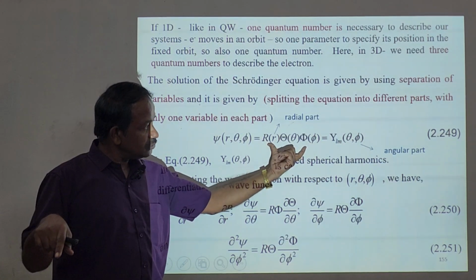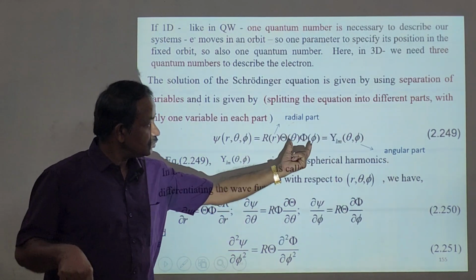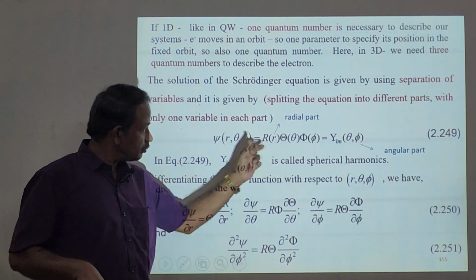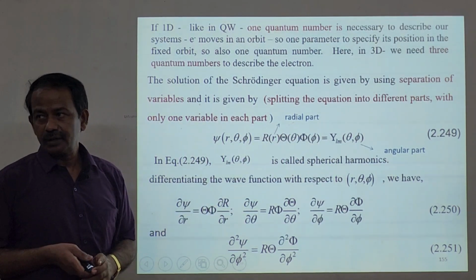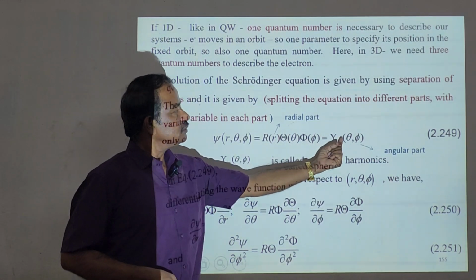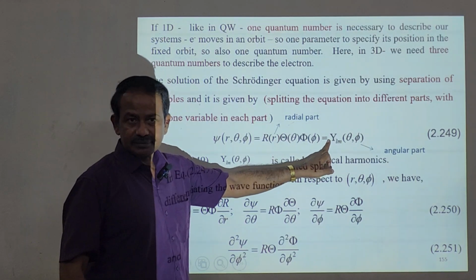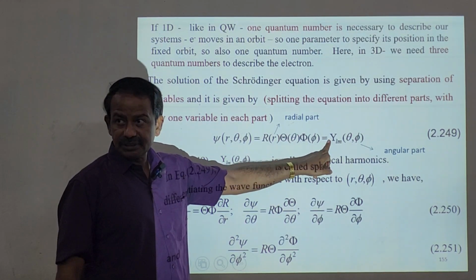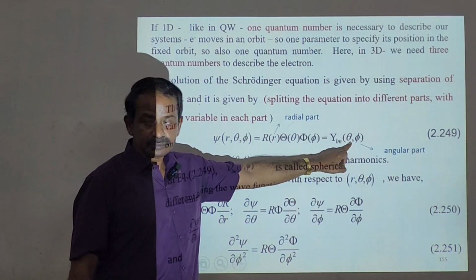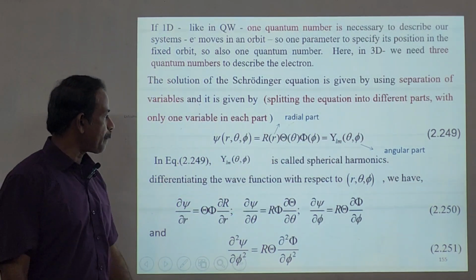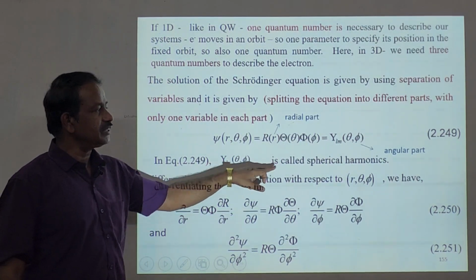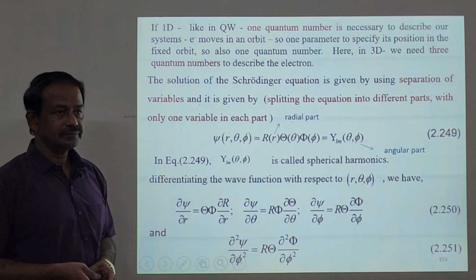The product of these two gives the angular part, called spherical harmonics. The product with the radial part gives the complete wave function. There is a mistake here: it must be R of r times Y_lm of theta comma phi. This Y_lm of theta comma phi is called the spherical harmonics.